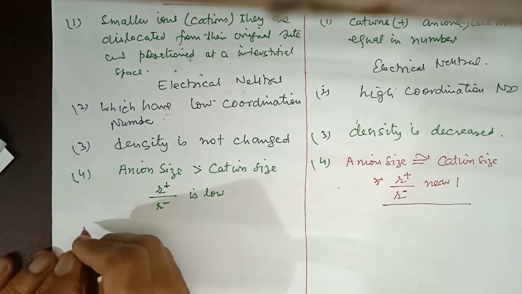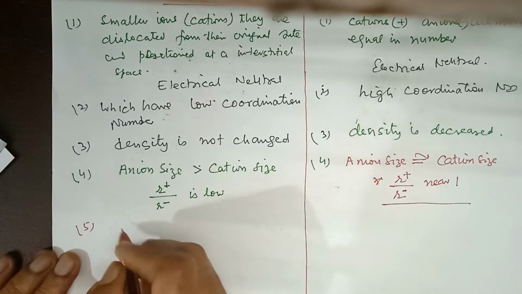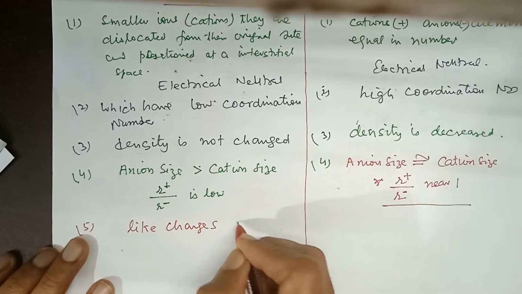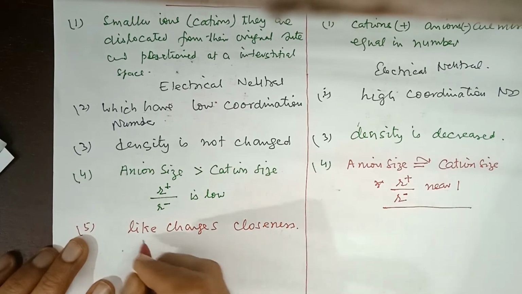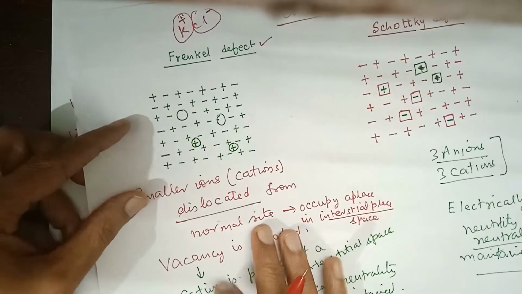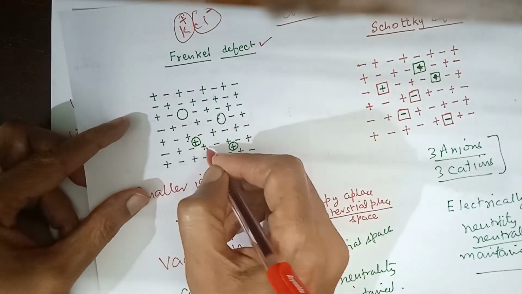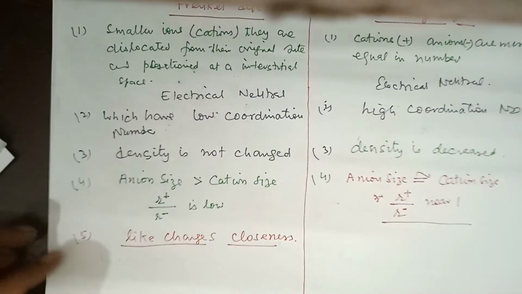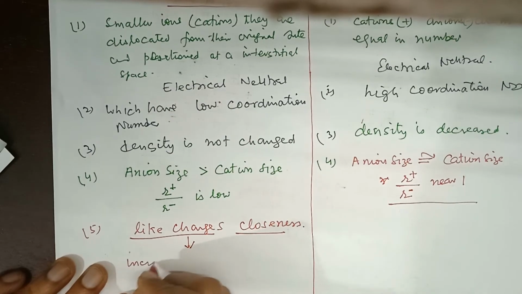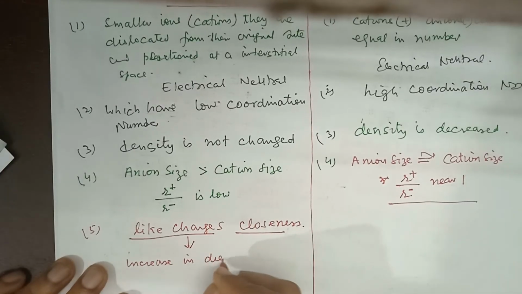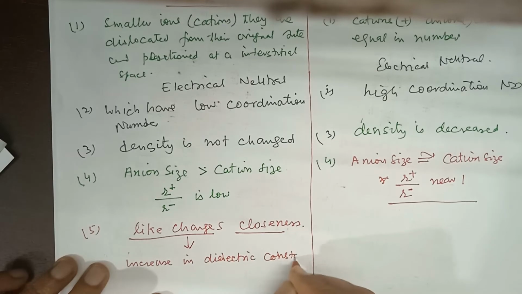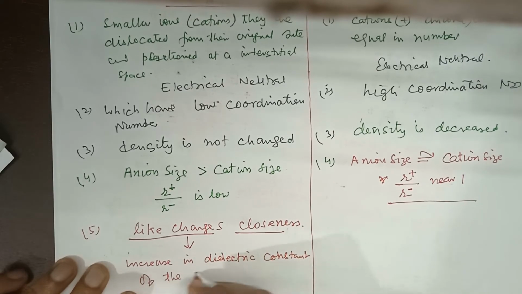Now what happens in Frenkel defect is like charges closeness. How? We have seen that in Frenkel defect, here it is positive charge, here it is positive, so like charges are very close. So what does like charges closeness cause? It causes an increase in the dielectric constant of the substance.